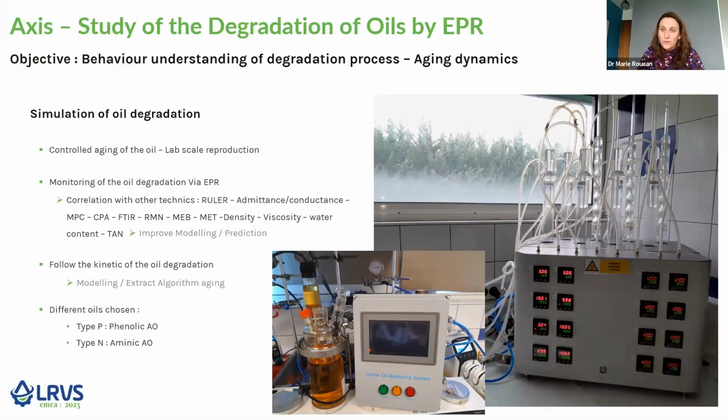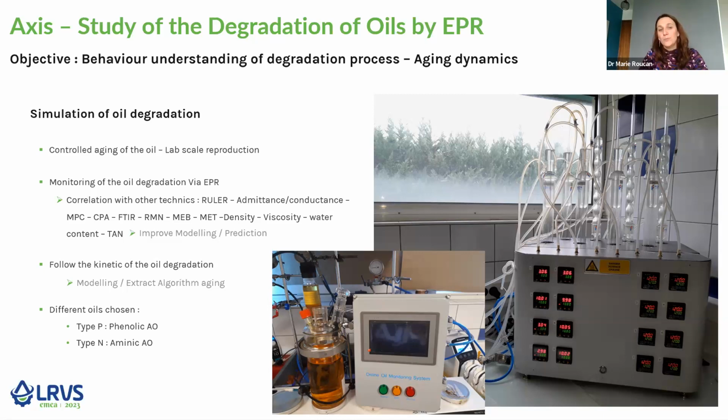And to try to understand all this degradation behavior of the oil, we did some dynamic aging. The point was to simulate the oil degradation through a control of various factors. After this degradation, we started monitoring the oil via EPR, but we also correlate all this EPR analysis with a lot of routine analyses, such as ruler, admittance, and the others you can see in the list over there.